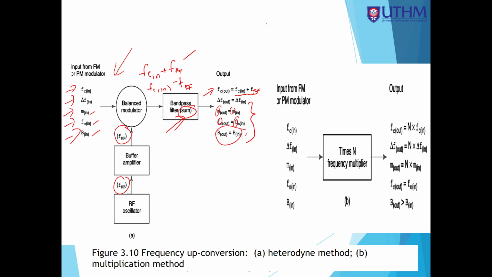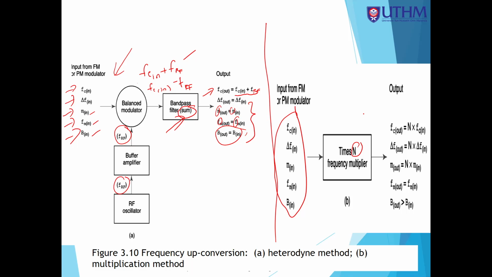Manakala kalau kita lihat gambar rajah di sebelah kanan, iaitu proses multiplications menggunakan multiplier. Okay. So kalau you lihat dalam multiplier, semua parameter berubah kecuali frekuensi message tidak berubah. Kalau you lihat input dan juga output, apa yang berlaku pada output adalah digandakan sebanyak n times.